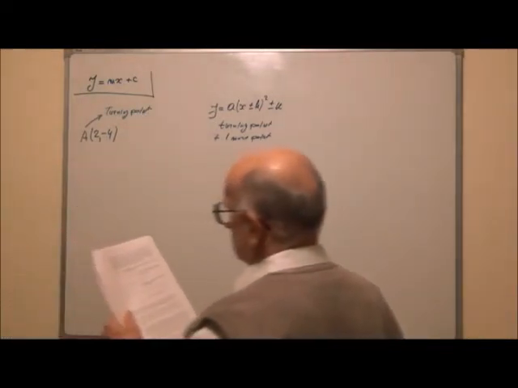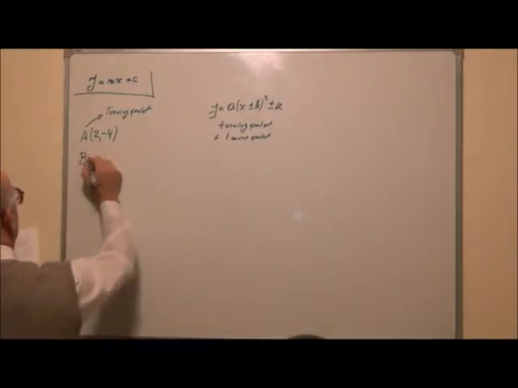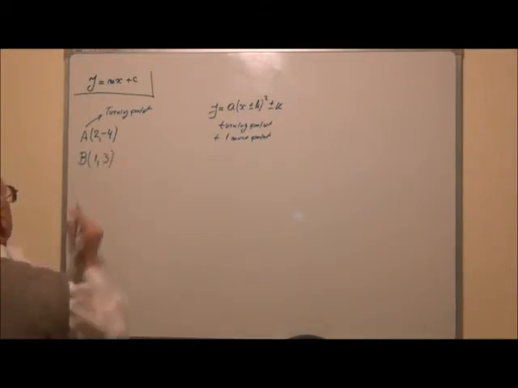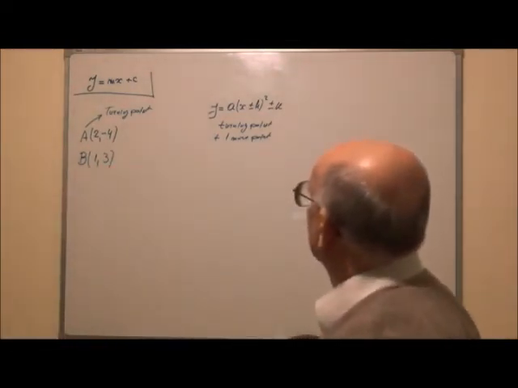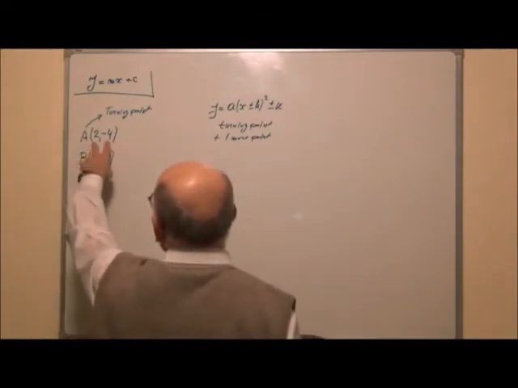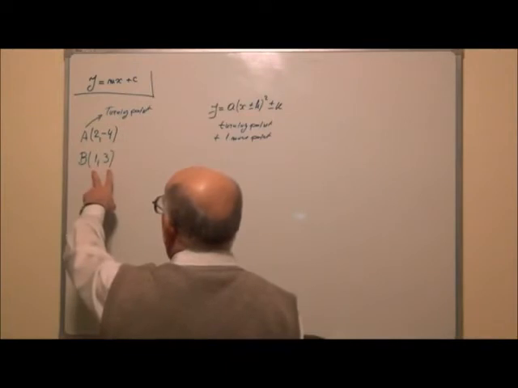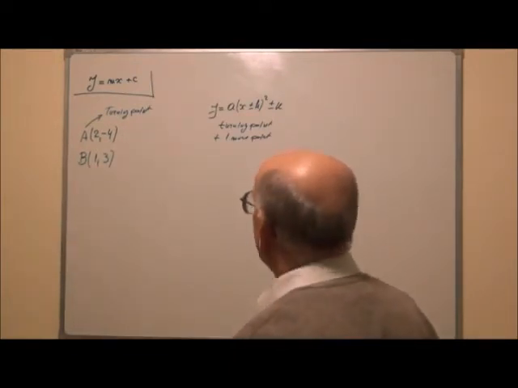And it passes through point B with coordinates 1 and 3. So we have to write the equation of that parabola whose turning point is A, but also another point B is on that parabola.